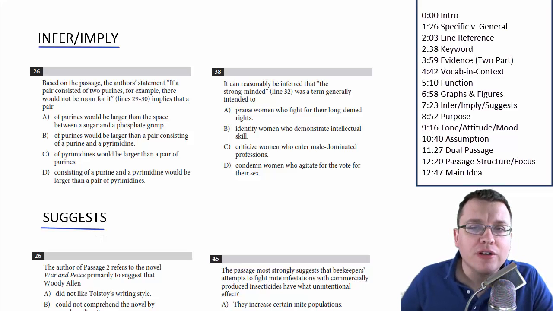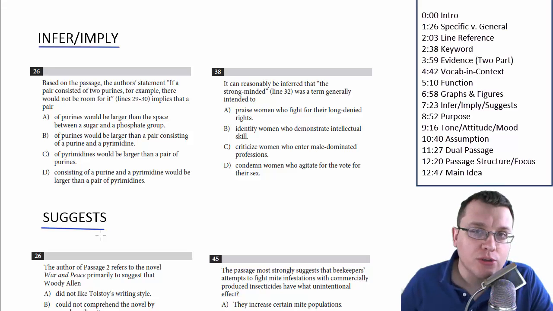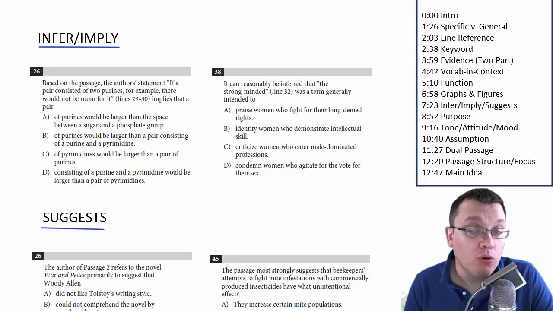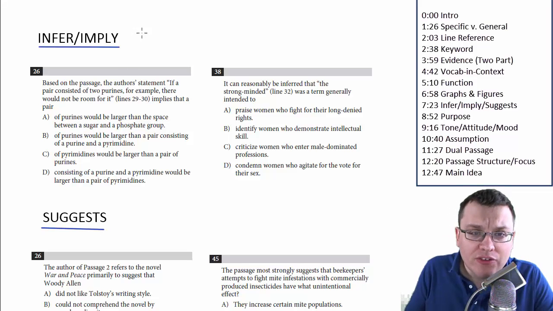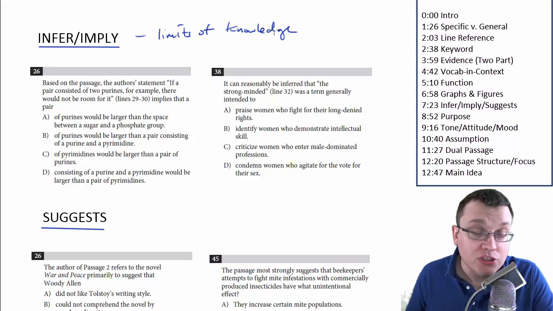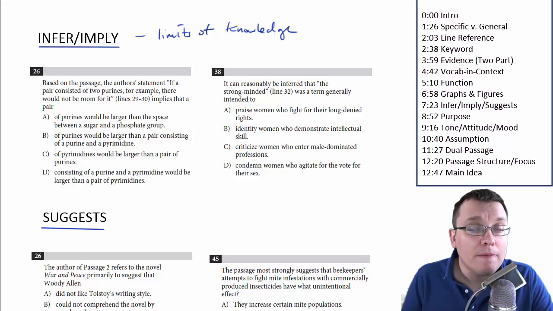When you're doing inference questions or imply questions or suggest questions, you are going to have to read a little bit between the lines, but do not go too far with this. You do not want to infer widely past what can be supported by the passage. And I'll talk about this later, but I'll just mention it now. What you have to remember is that even though your passage may imply certain things, or maybe you can infer certain things from the passage, there are limits to knowledge.